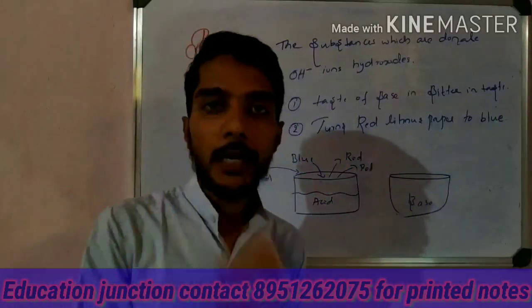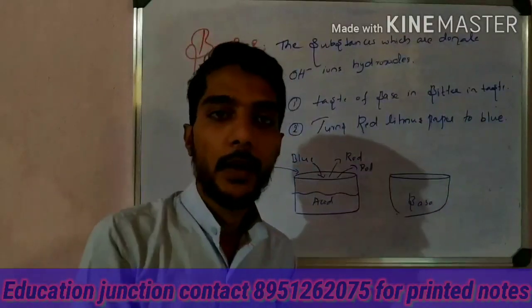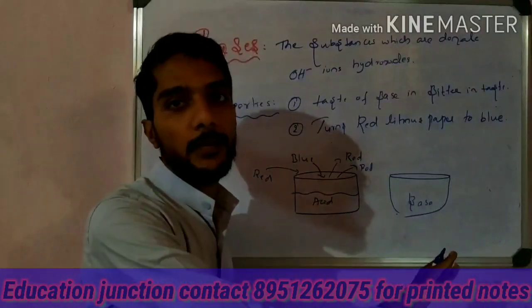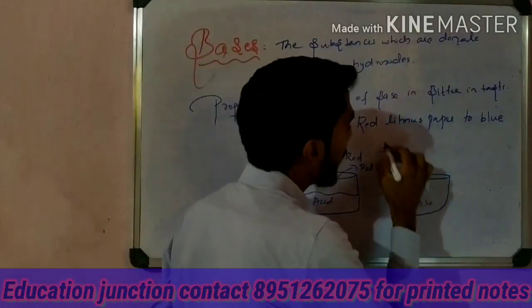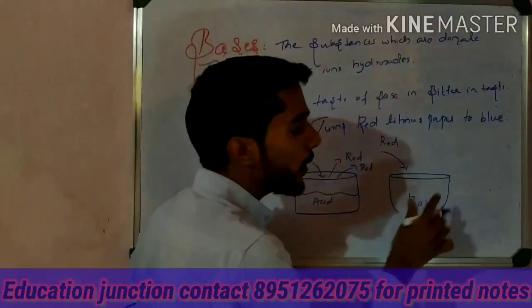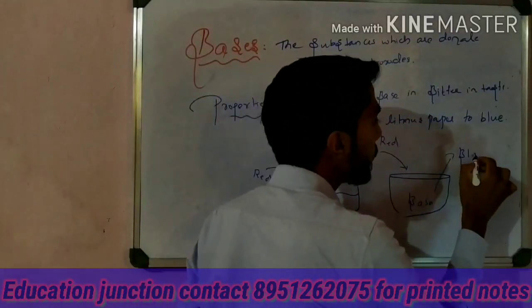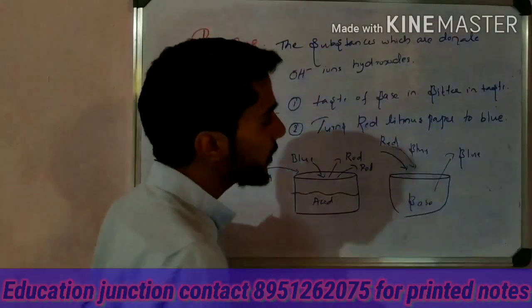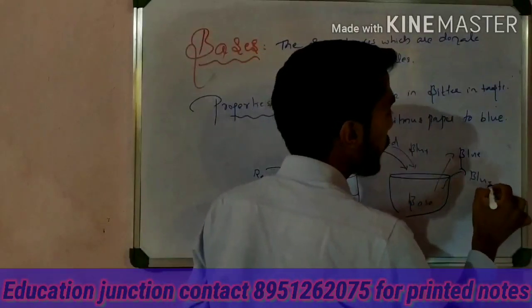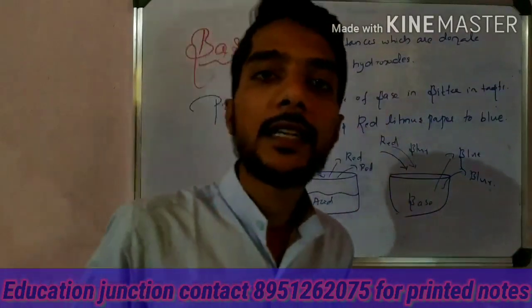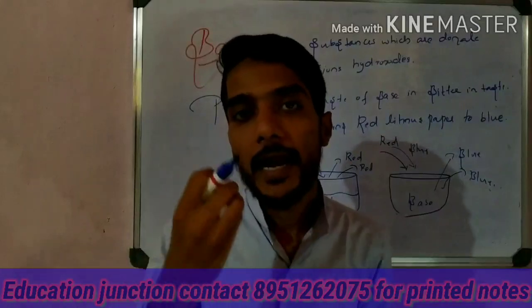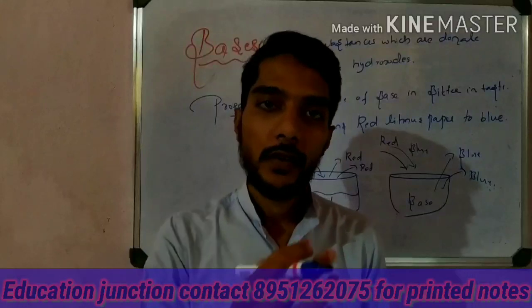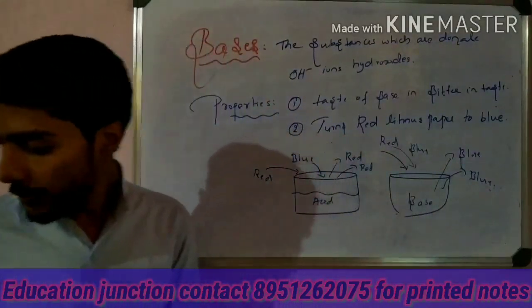Blue litmus paper dipped into the acid turns red. Red litmus paper dipped into the acid has no change in color; it stays red. Red litmus paper dipped into the base turns blue. Blue litmus paper dipped into the base stays blue, with no change in color. Blue litmus changes color only in acids, and red litmus changes color only in bases. That is very important, students. You have to remember that.